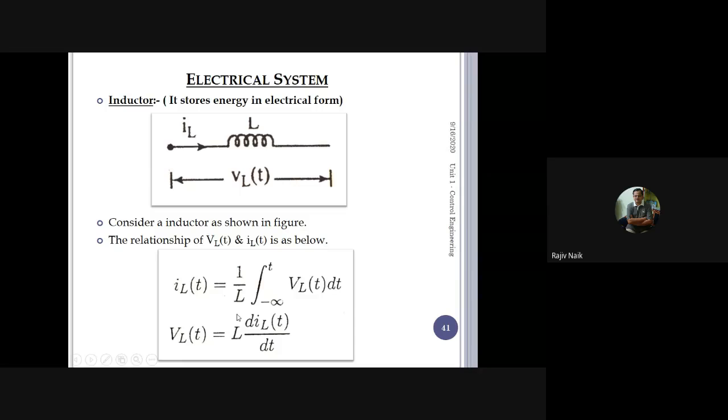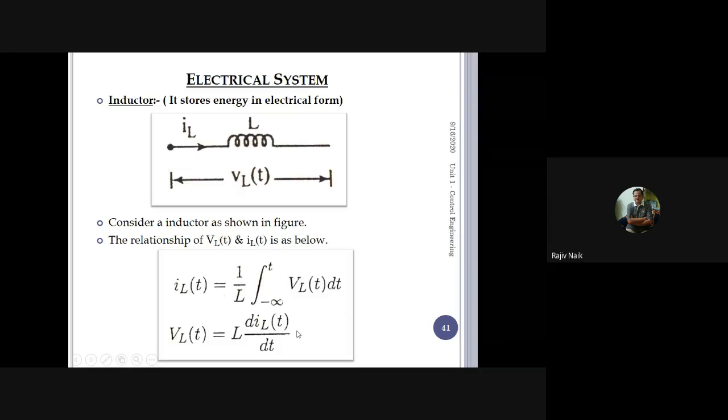So if you write the equation in terms of current, then current I is 1 upon L into the integration of VL dt. Or actually the voltage drop across the inductance is given by VL equal to L into the rate of change of current, similar to acceleration, di by dt, dIL by dt.